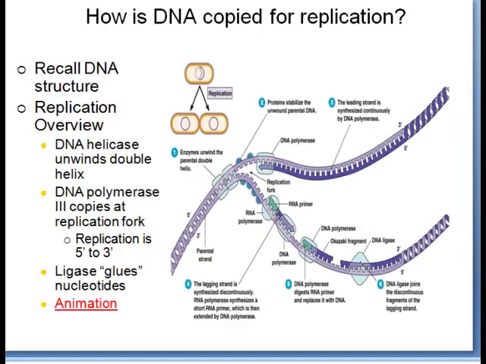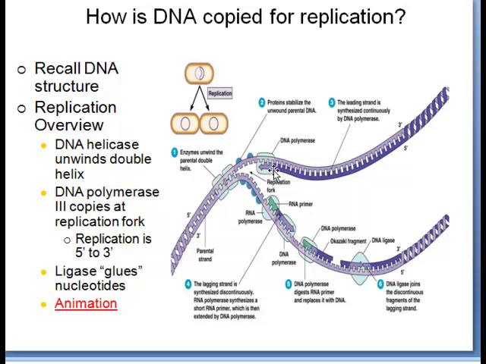How is DNA copied for replication? Recall from the DNA structure, we had a very complex combination in which we had an enzyme called DNA helicase. The purpose of that was to separate the two strands and keep them apart. And there was another enzyme called DNA polymerase that copies at the replication fork.